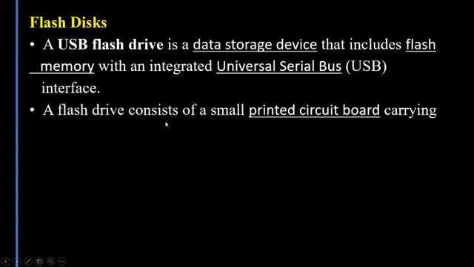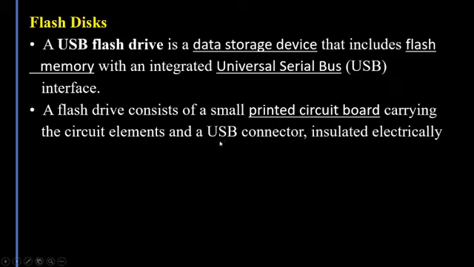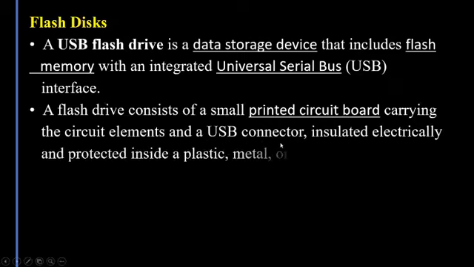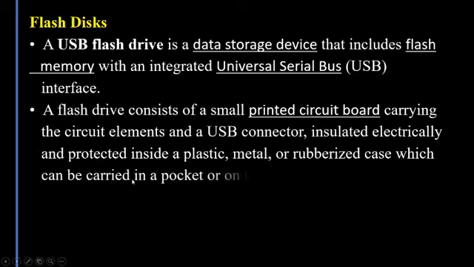A flash disk consists of a small printed circuit board carrying the circuit elements and a USB connector, insulated electrically and protected inside a plastic, metal, or rubberized case, which can be carried in a pocket or on a key chain.